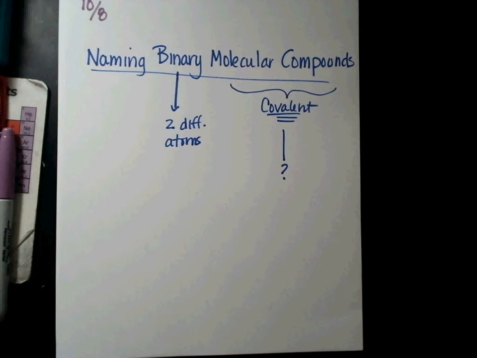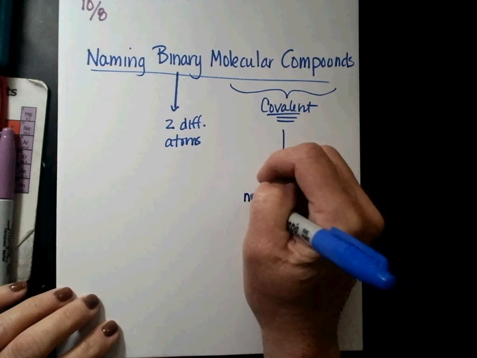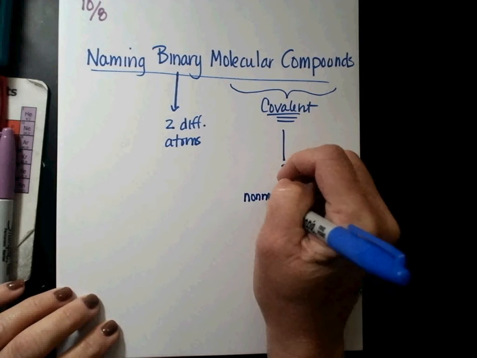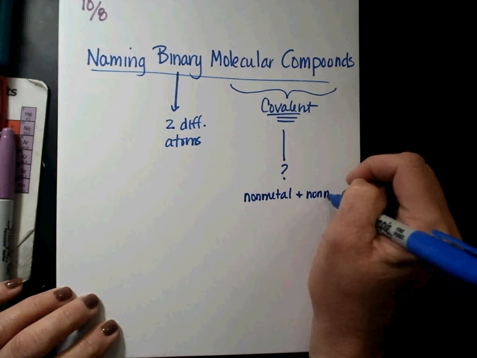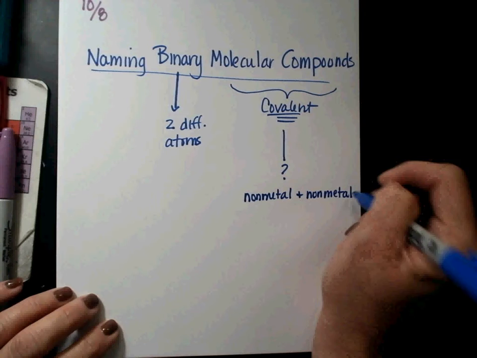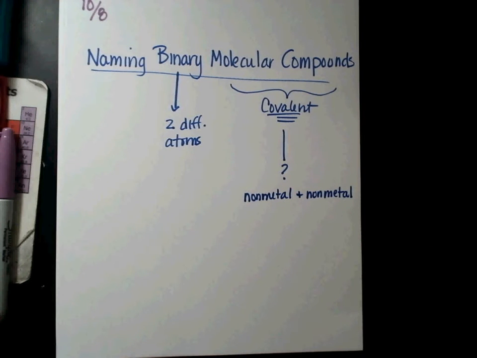So if I have a chemical compound that's covalent versus ionic, Mara, what are you going to tell me? Yep. So I would be able to recognize this because it's a nonmetal plus a nonmetal. If it were ionic, how would I recognize that?